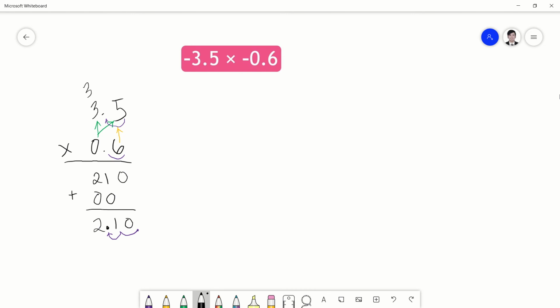Initially, our answer would be 2.10. But take note, we are dealing with same signs. Negative times negative is positive. So our final answer is 2.10.